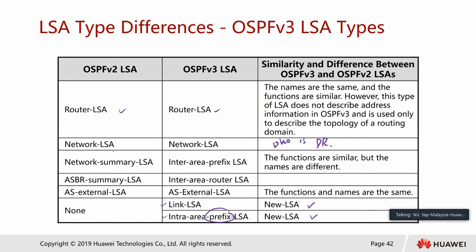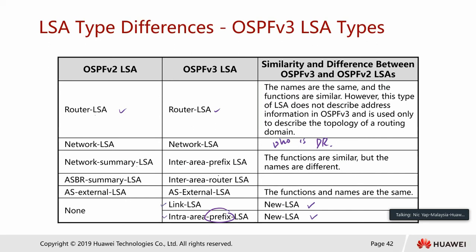Then next, the network summary LSA in OSPFv3 has been changed to the inter area prefix LSA. The function is the same, they just have a different name. It means that whatever is from the intra area, when I go to the inter area, I do the translation to become the inter area prefix.